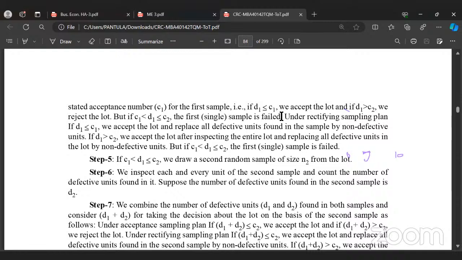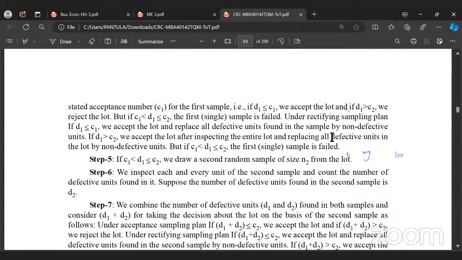If the first single sample fails under this sampling plan, we reject. If D1 is less than or equal to C1, we accept, replacing the defective units found in the sample with non-defective units. If D1 is greater than C2, we reject the lot.